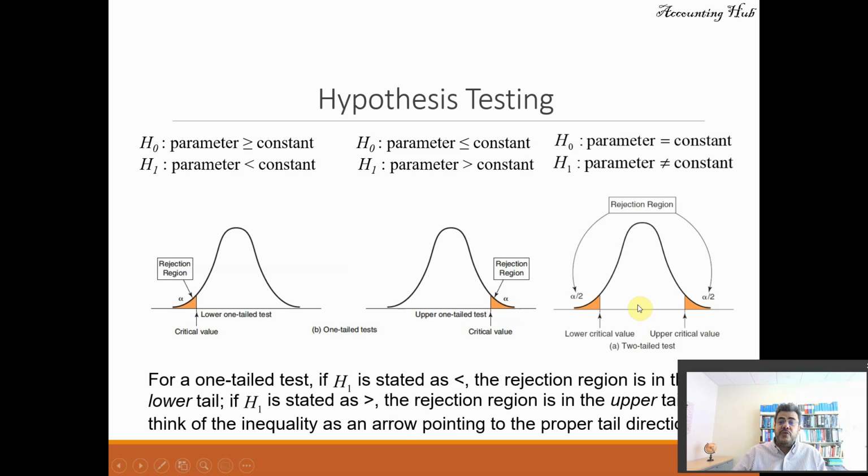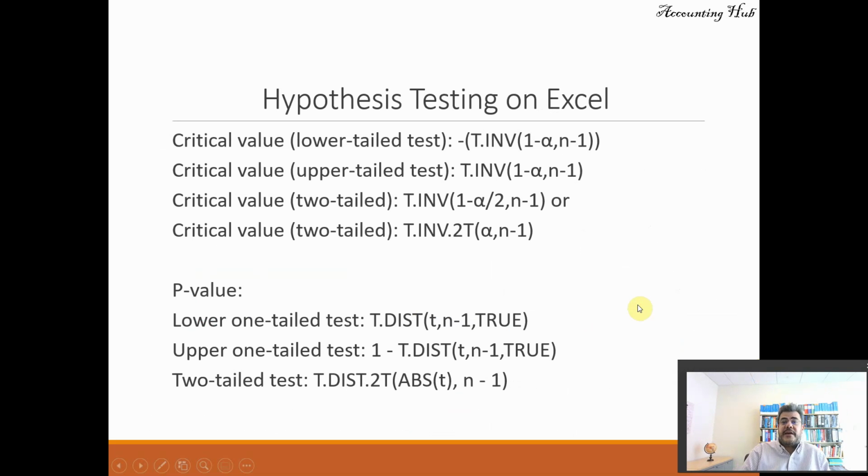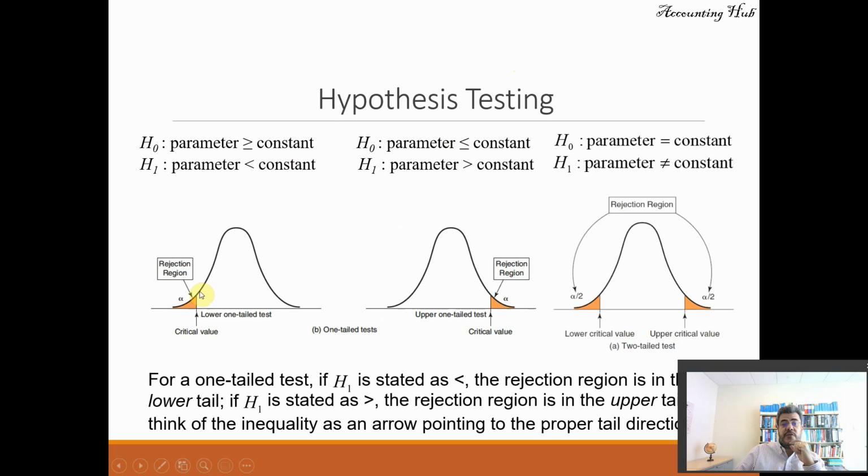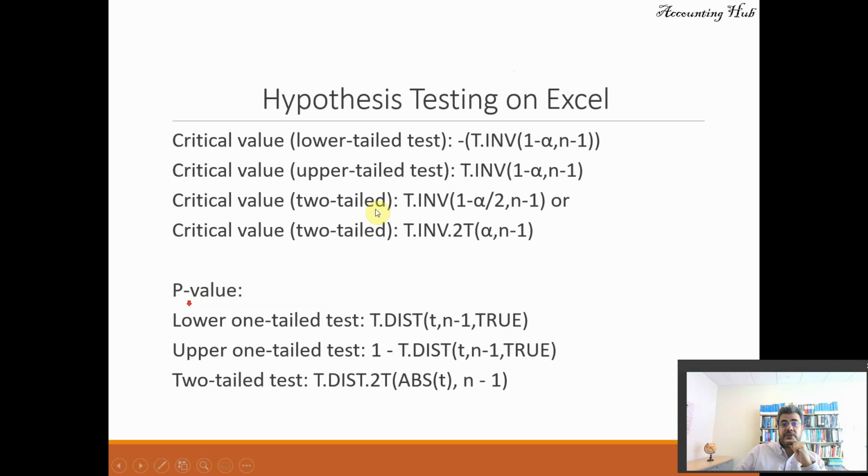And then how do we do that on Excel? We have these formulas for the critical value, depending on how we create our hypothesis. If it is a lower tail test, negative T.INV, and then the upper level. And why negative? Because lower tail, we are here, the negative side of our chart.